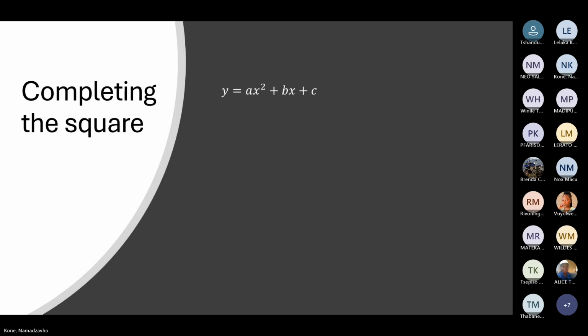Now, in this slide, you have realized that in the previous rules that we have shown you, all of them have to do with either the sum of two squares or the difference between two squares.